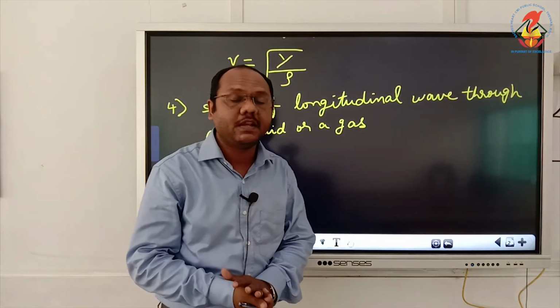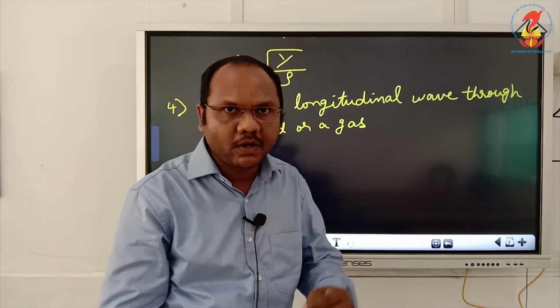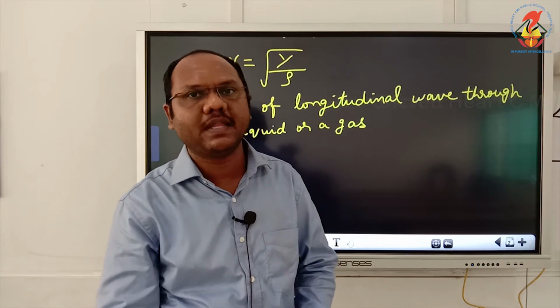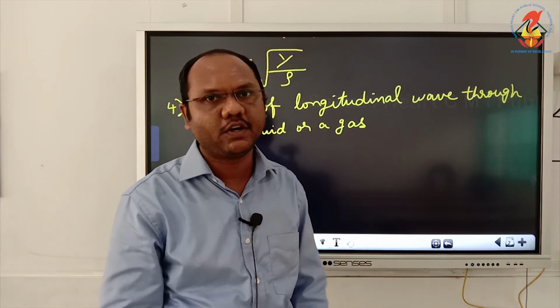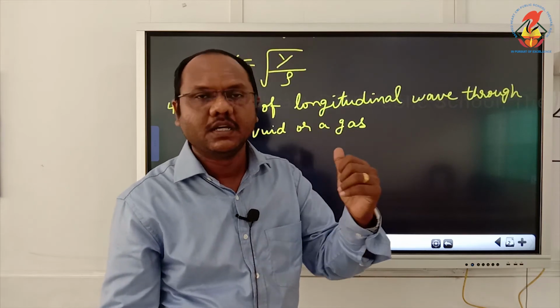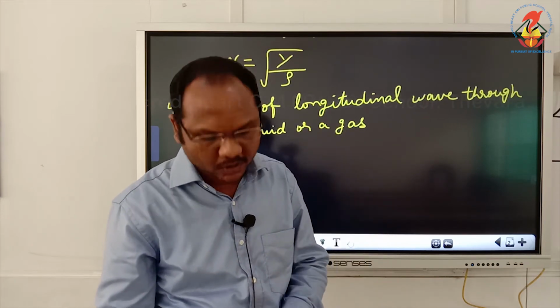When longitudinal wave passes through liquid or gas, it depends upon two factors: the bulk modulus of elasticity and the density of the medium. Through solid, it was Young's modulus. Through liquid or gas, it is bulk modulus.